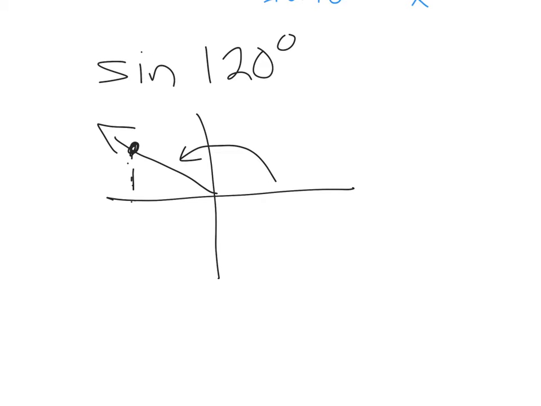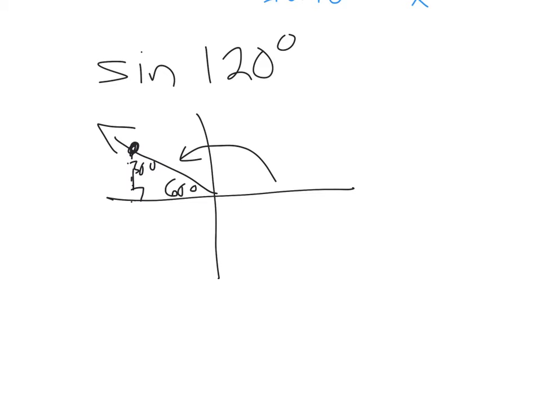Luckily, the difference between 180 and 120 is 60 degrees. So I'm creating this right triangle, and it's a special right triangle so that I can put some lengths to the sides.